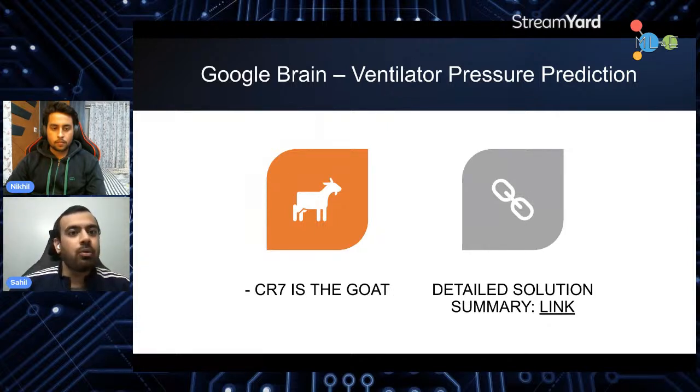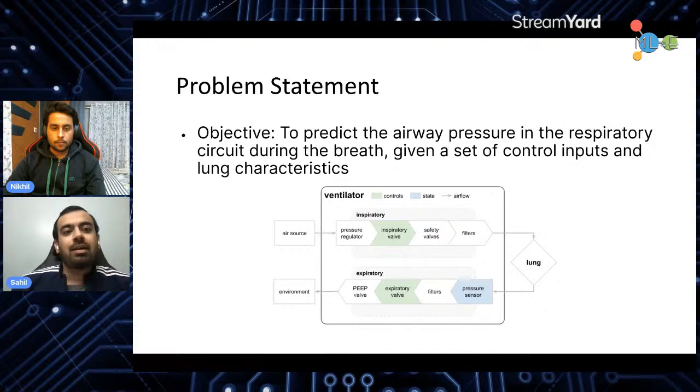Let's start with the problem statement. The objective of the problem was to predict the airway pressure in the respiratory circuit during the breath. So what is a respiratory circuit? The diagram shown here is essentially what a ventilator might look like. There is an inspiratory phase.